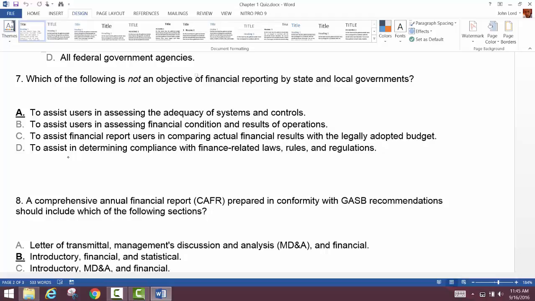Now, can you think of entities that have financial reporting that does contain an internal control reporting component to it? Publicly traded companies under their audit requirements, very good, under Sarbanes-Oxley.